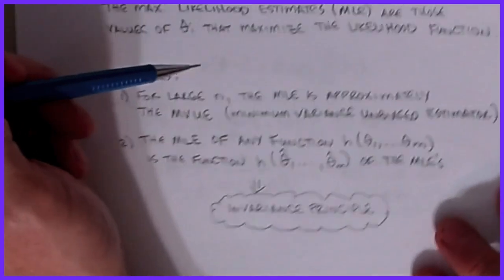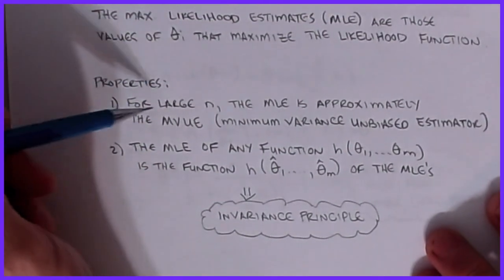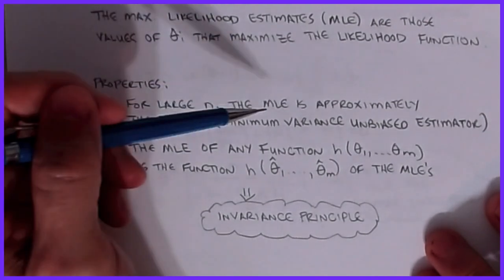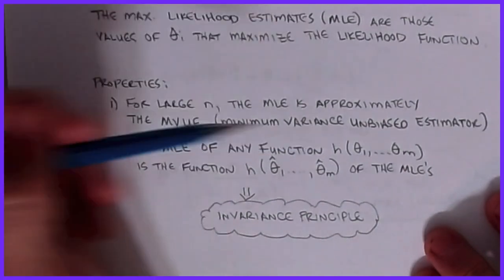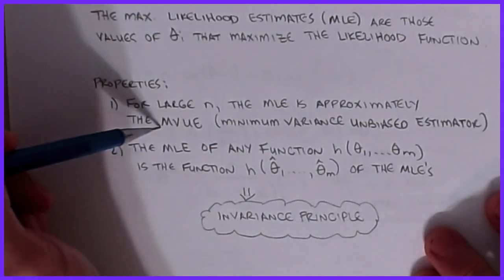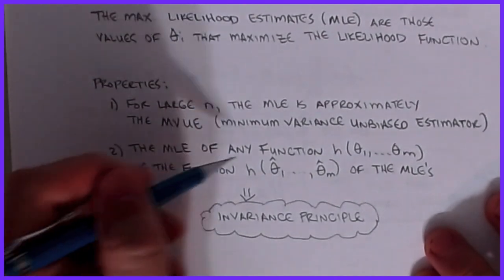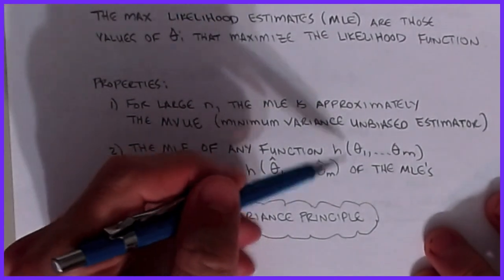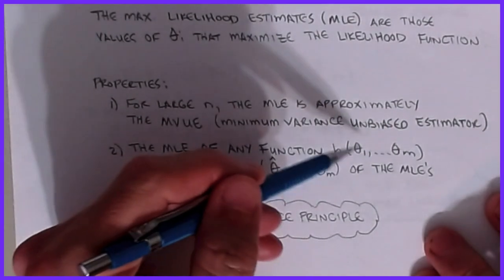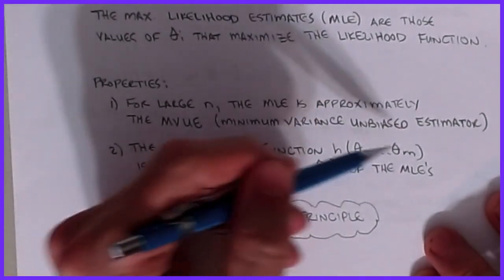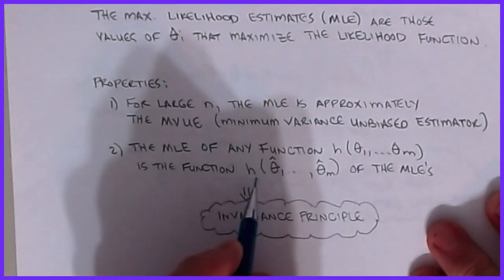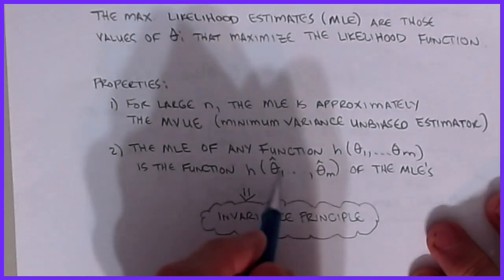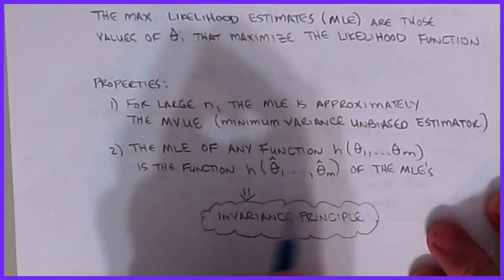Now, the properties of this function are that for a large n, the MLE is approximately the same as the minimum variance unbiased estimator that we talked about in the last video. And the MLE of any function h of the parameters of my population statistics, theta 1 through theta m, is the function h of theta 1 hat all the way through theta m hat of the MLEs.